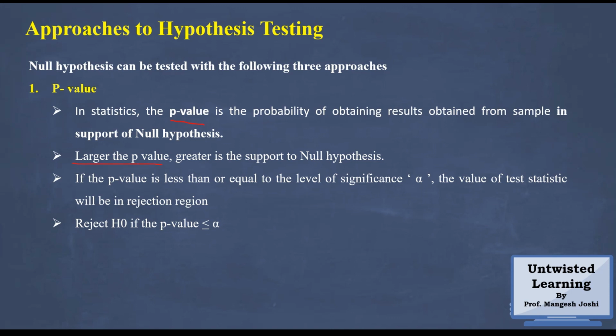The larger the p-value, the greater the support for the null hypothesis. If the p-value is less than or equal to the level of significance alpha, the value of the test statistic will be in the rejection region. That is, reject H0 if the p-value is less than or equal to alpha. This is our rejection rule in the p-value approach.